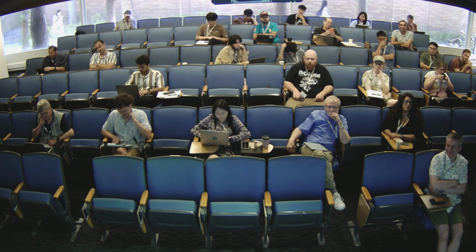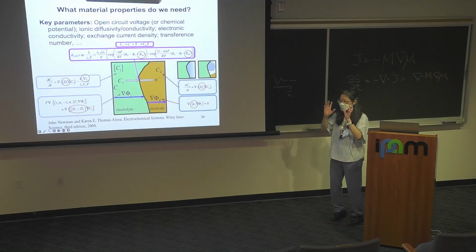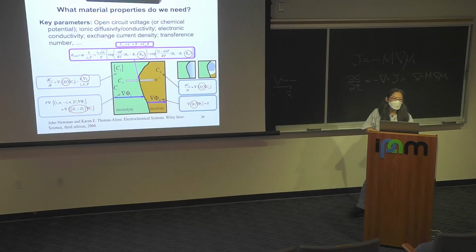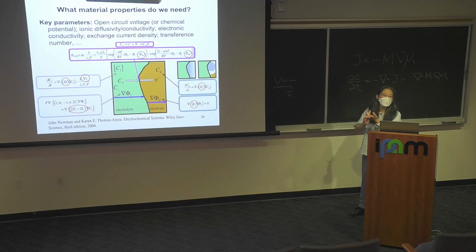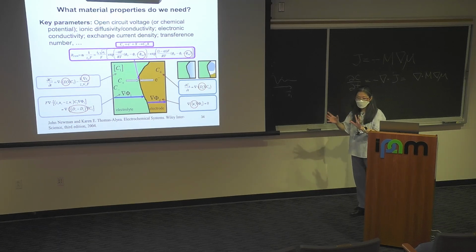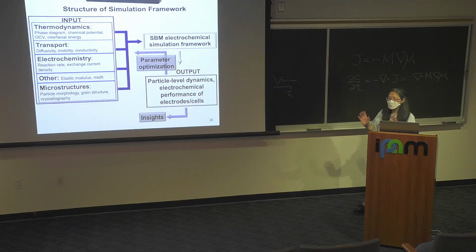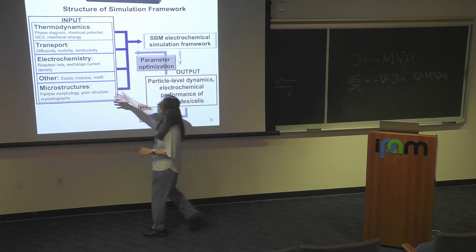So the open circuit voltage gives us something about the thermodynamic behavior of the materials. Ionic diffusivity and conductivity, electron conductivity, exchange current density that goes into the Butler-Volmer equation, transference number, etc. All these things need to come from somewhere, and then they go into the input.